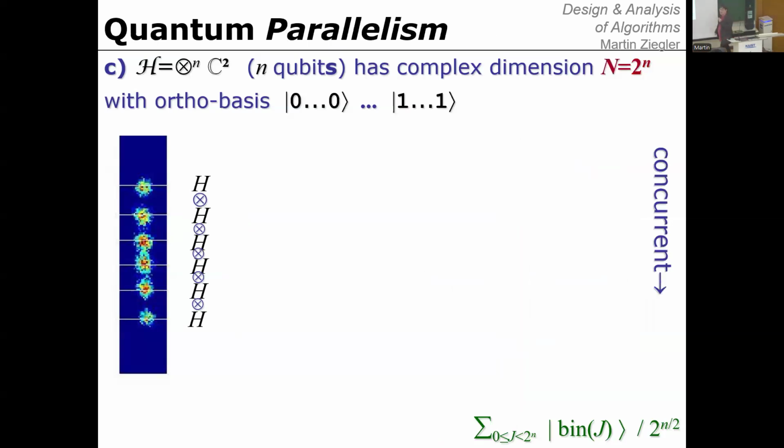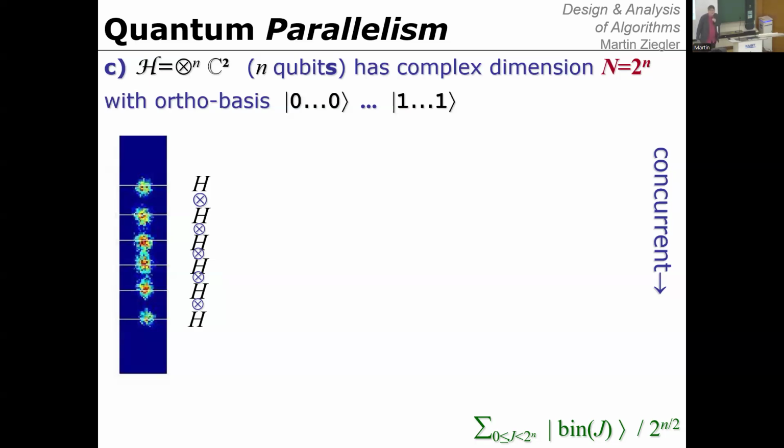But that's not quantum parallelism. Remember, accelerating something by a factor of n, that's certainly good, right? But here we're trying to accelerate something exponentially, right? We want to factor integers. That's what Shor does.